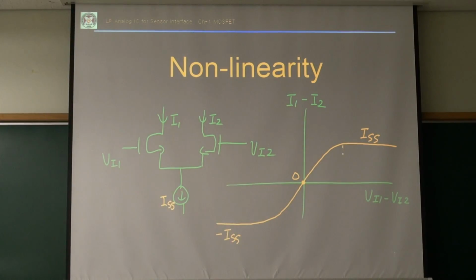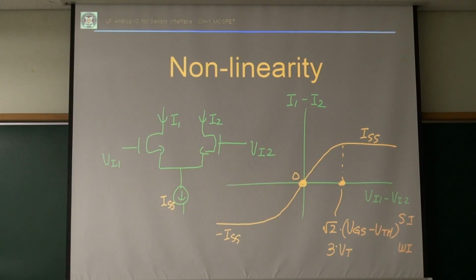In strong inversion, this is square root of 2 times VGS minus VTH at this point. This is for strong inversion. With sub-threshold weak inversion, this value is around 3 VT.